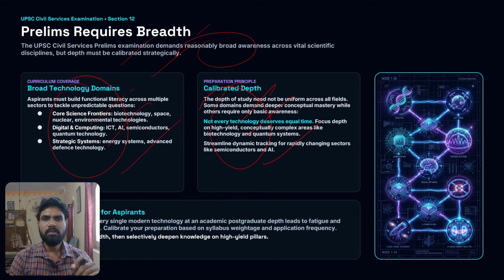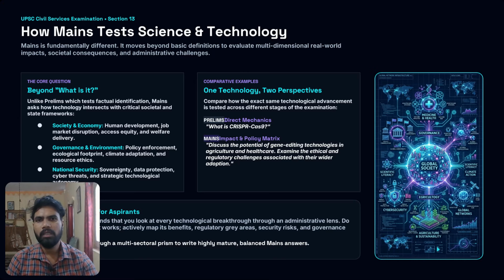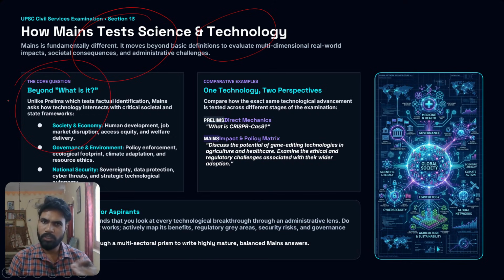Remember, it's not just for science and technology, but for other subjects also this works. Then we will see how the mains exam tests the subject of science and technology. It goes beyond what the technology is, it goes beyond that.